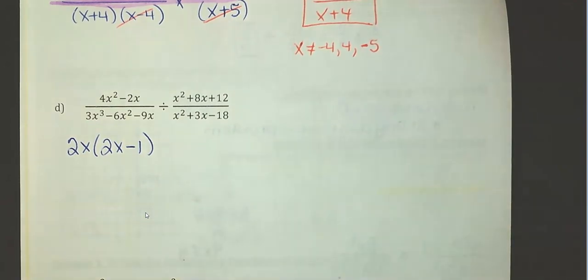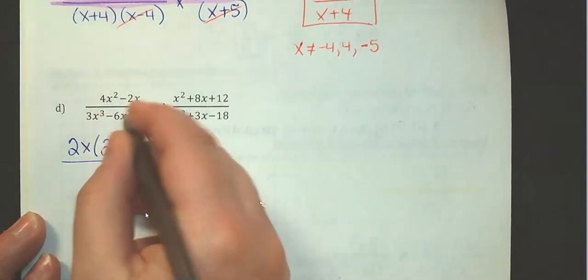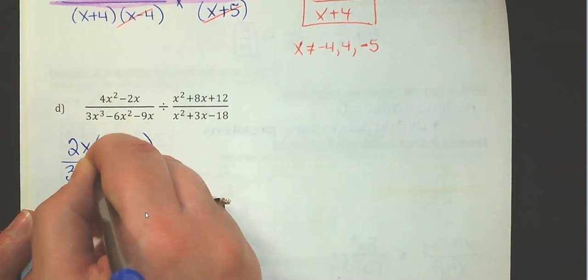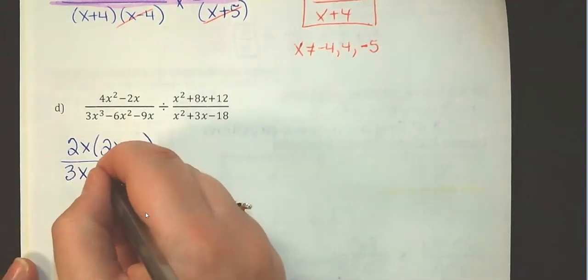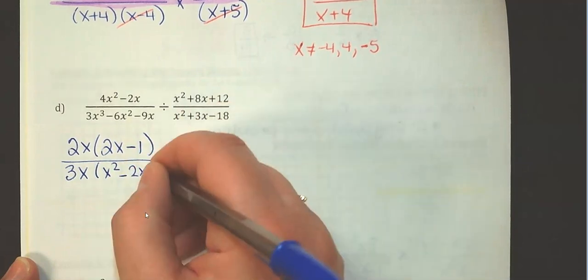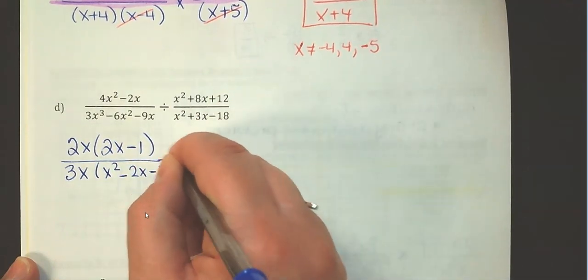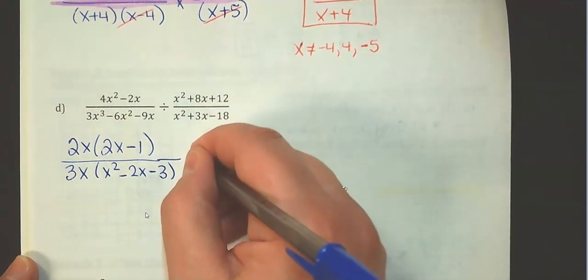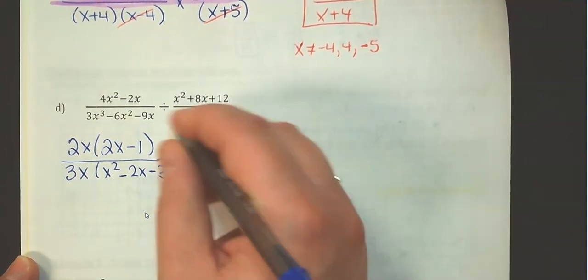Now, the bottom of the second fraction, all those terms are divisible by 3 and also an x. Left over there, I'd have x squared minus 2x minus 3, which I'm going to be able to factor a little bit further, but let me go ahead and factor the second one here.